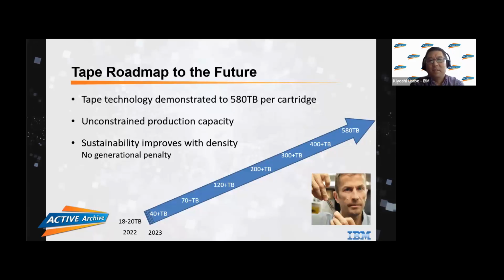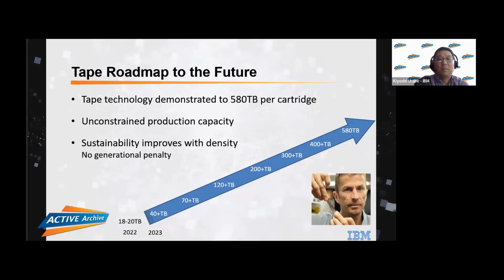Demonstrations in technology are important to forecast the health of the industry. Tape has demonstrated over 0.5 petabyte per cartridge, and that translates to about 900 petabytes per 10 square feet within a data center for a large or highly dense tape library system. Tape expansion is not constrained by processor or chip production, which have plagued supply chains recently.